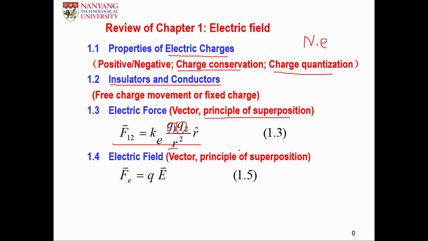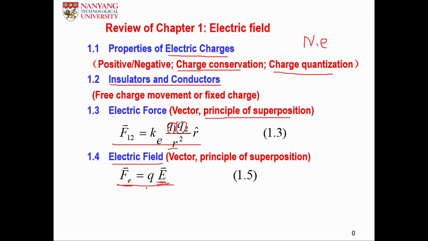And the next one is basically the most important part, the electrical field. The electrical field is typically written with a capital E, vector E, and this is the relation between F and E. This electrical field E can be generated by one charge; it's an intrinsic property of a charge, while F is the interaction between at least two charges.